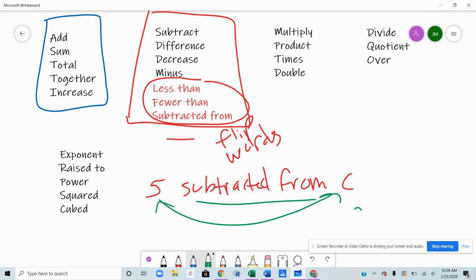So that means you're going to have C minus 5, because 5 is subtracted from C. It's being taken away from C. Okay. Same thing if it had 5 less than C. 5 fewer than C. All of those mean C minus 5. Okay.